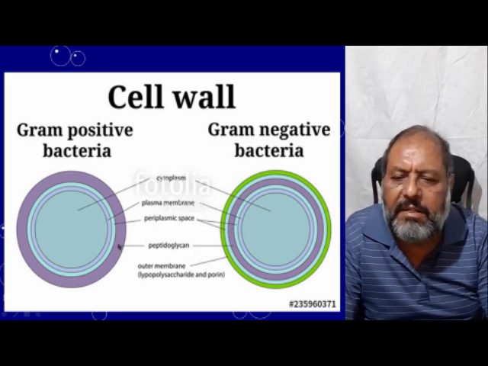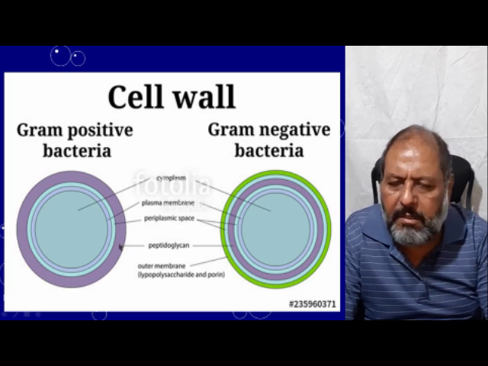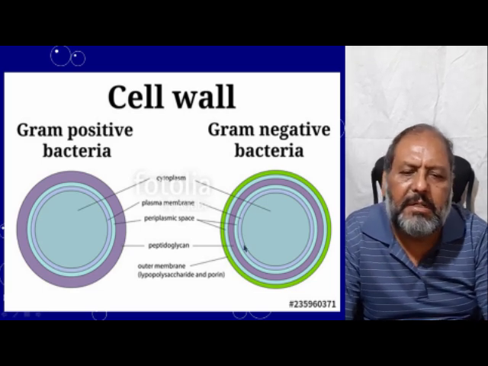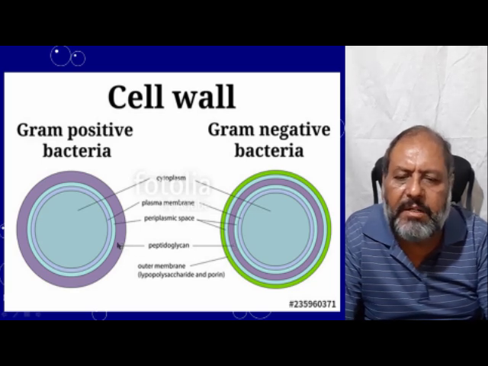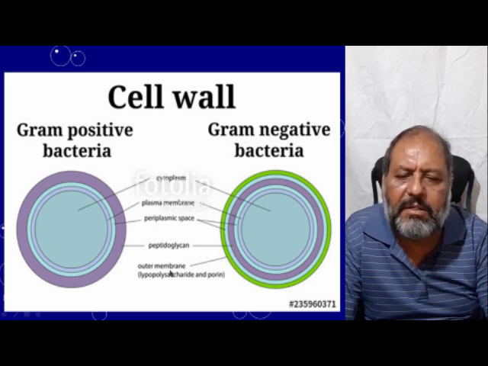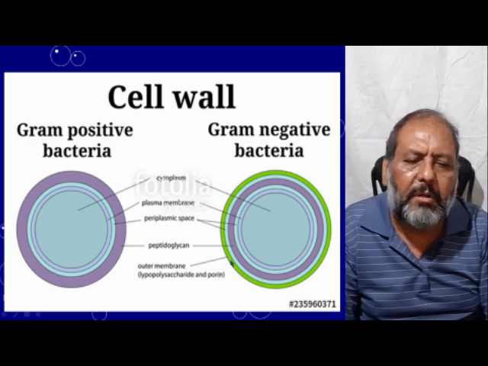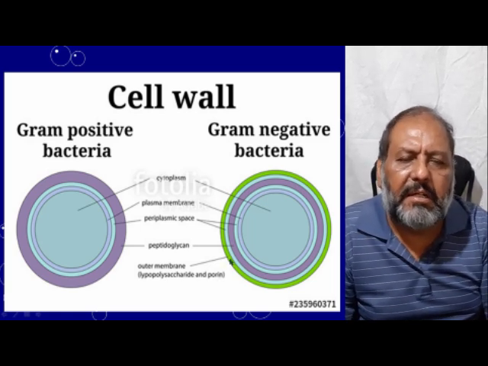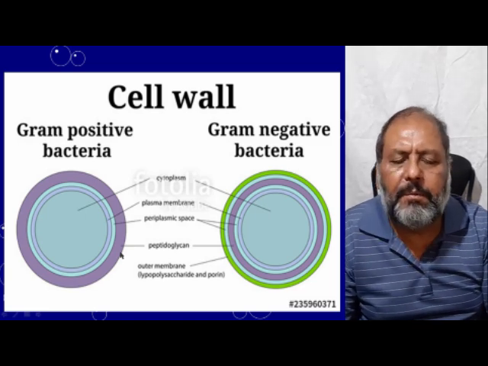Then there is a thick peptidoglycan layer which is present in the gram-positive bacteria and also in the gram-negative bacteria, but the thickness is variable, more in gram-positive bacteria and less in gram-negative bacteria. Then the outer membrane containing lipopolysaccharide and the porin is present only in the gram-negative bacteria, and it is absent in gram-positive bacteria.